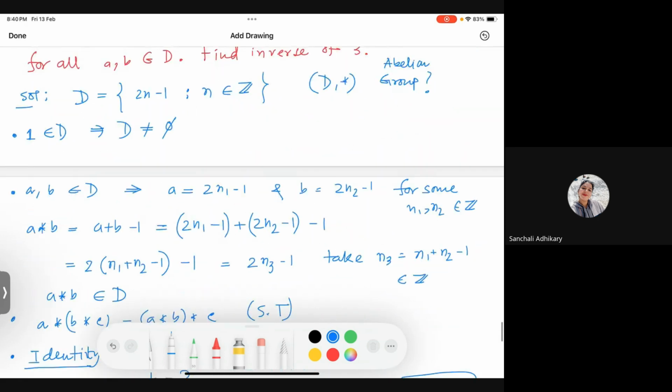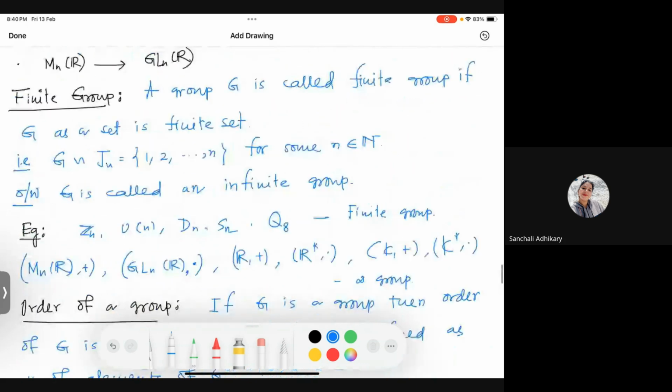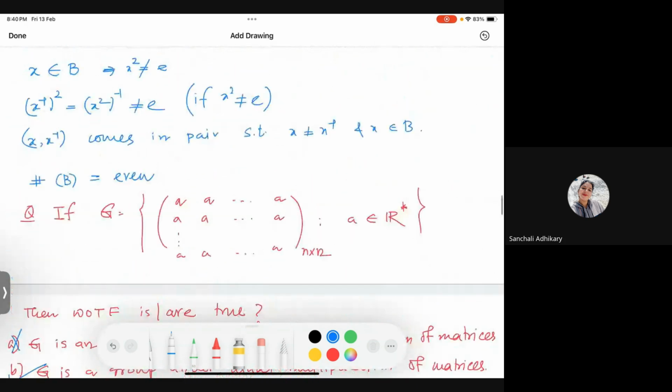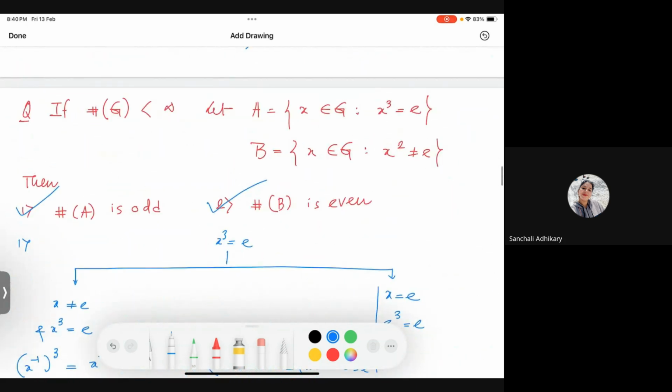So how many elements are there whose square is not equal to identity? An even number of elements. So the cardinality of G is even, minus the cardinality of B. It means the order of x is strictly greater than 2, right? x square not equal to identity means the order of x is greater than 2.